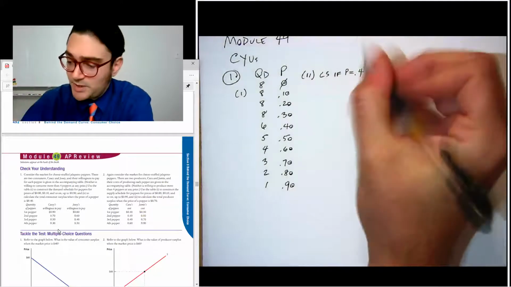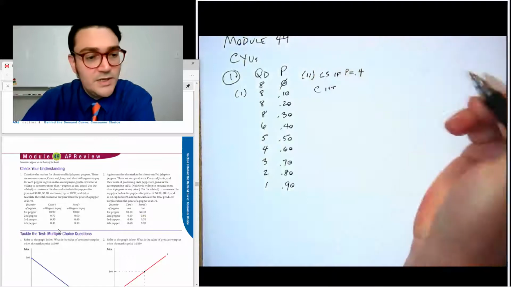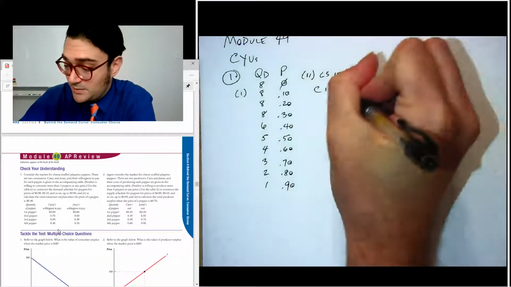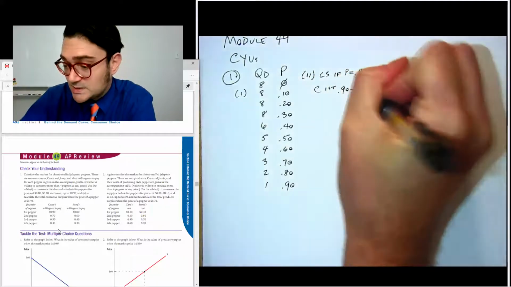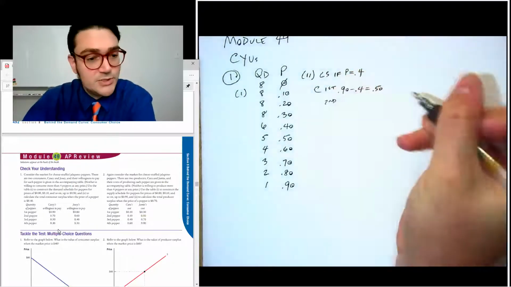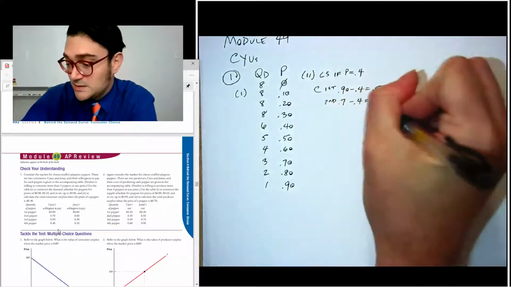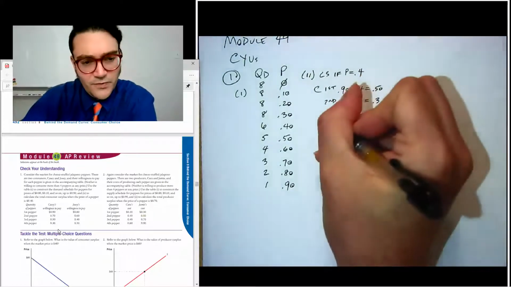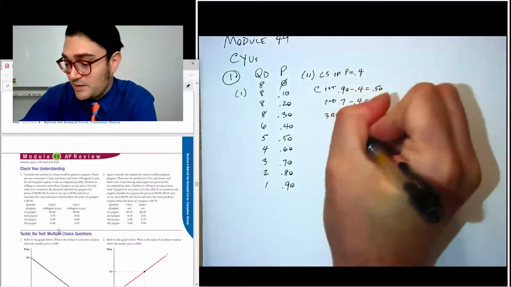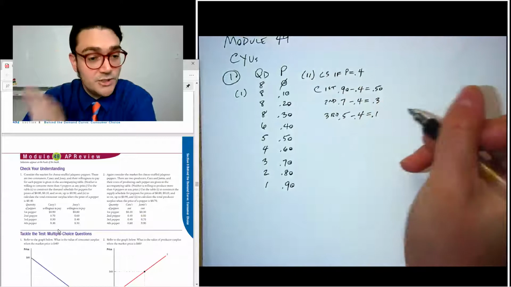For Casey's 1st pepper, she was willing to pay 90 minus the 40 cents, so she got 50 cents. For Casey's 2nd pepper, she was willing to pay 70 minus the 40 cents, so she gets 0.3. For her 3rd pepper, she was willing to pay 50 cents minus the 40 cents she paid is 0.1, and she doesn't buy the 4th pepper.